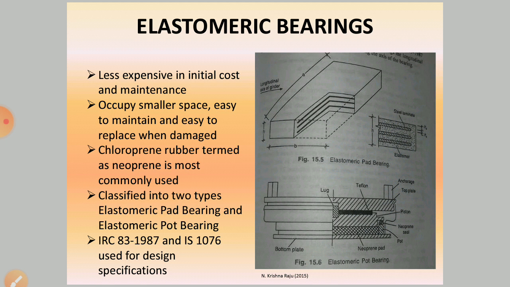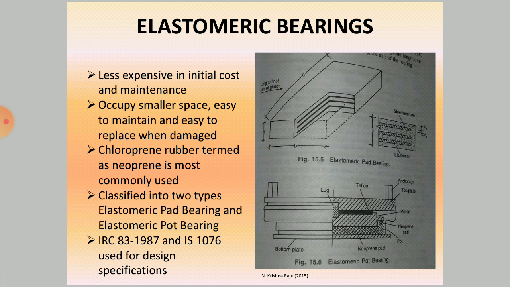Generally, chloroprene rubber, termed neoprene, is mostly used for this type of elastomeric bearing. There are two types: elastomeric pad bearings and elastomeric pod bearings. IRC 83 1987 and IS 1076 are the codes used for the design specifications.